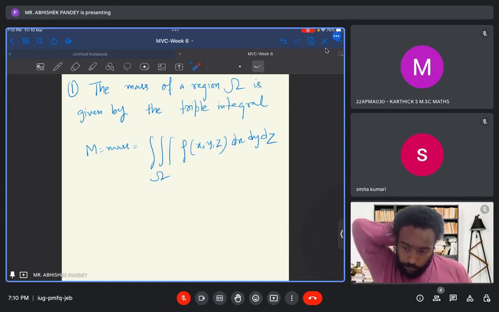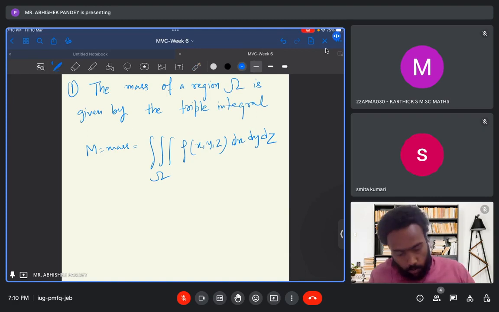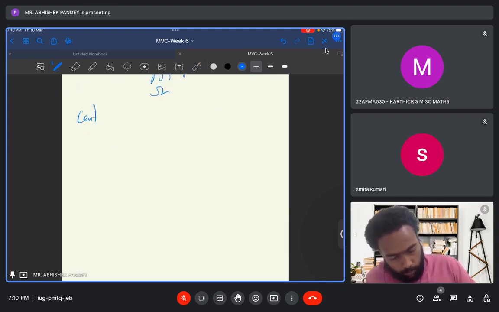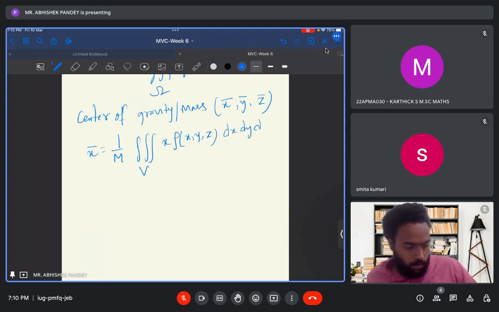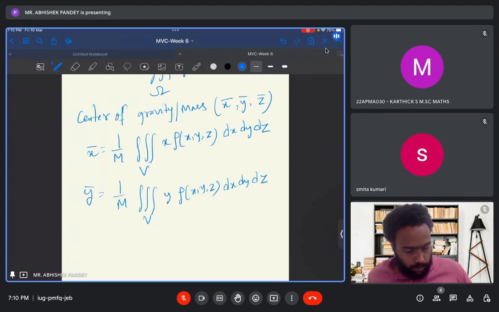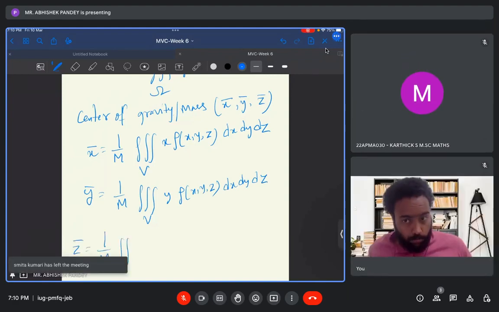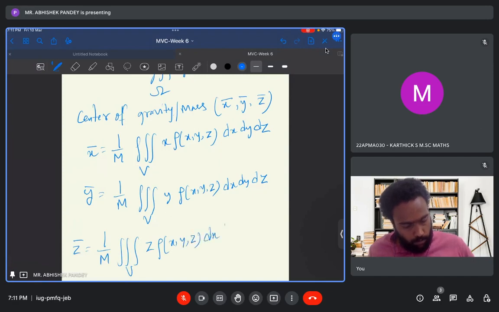And the center of gravity or mass, x bar, y bar and z bar: x bar equals 1 by m triple integral of x rho of x y z dx dy dz, y bar equals 1 by m triple integral of y rho of x y z dx dy dz, and similarly the z coordinate is 1 by m triple integral of z rho of x y z dx dy dz.